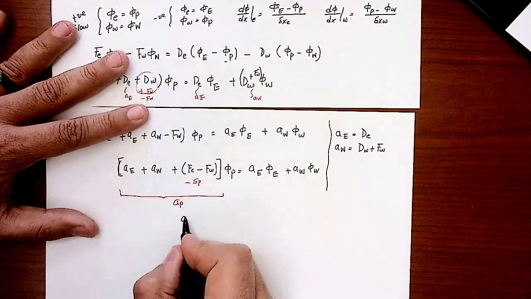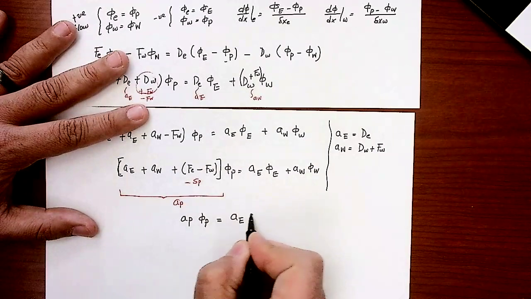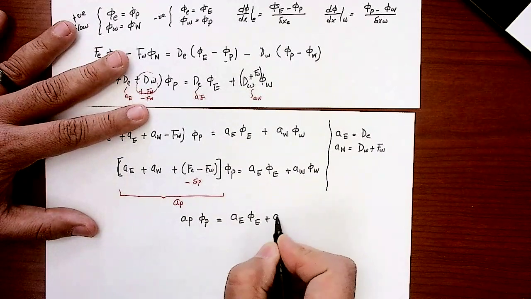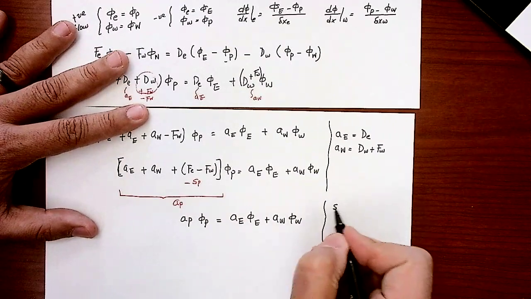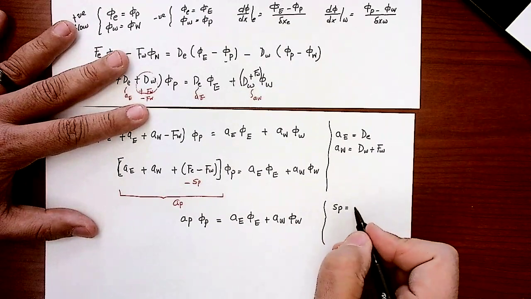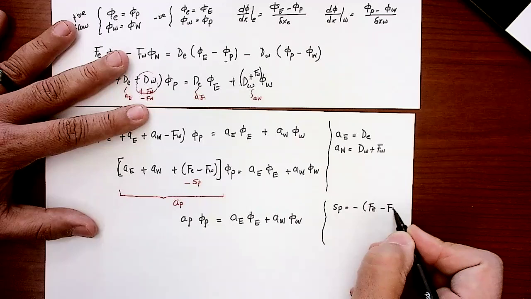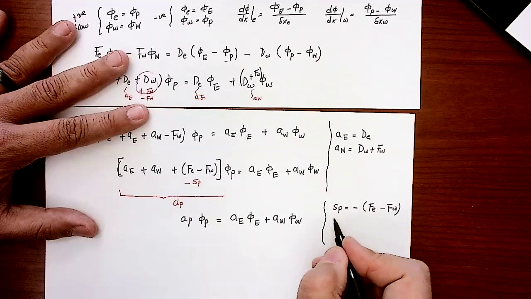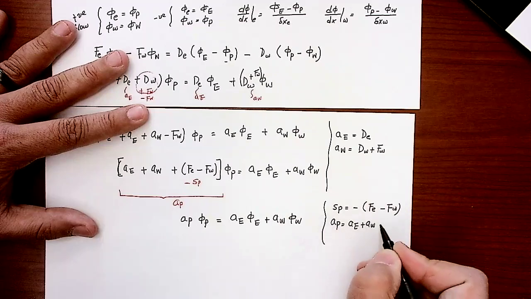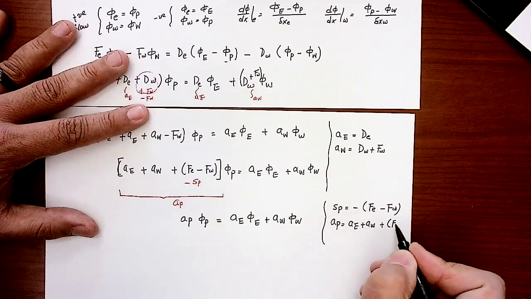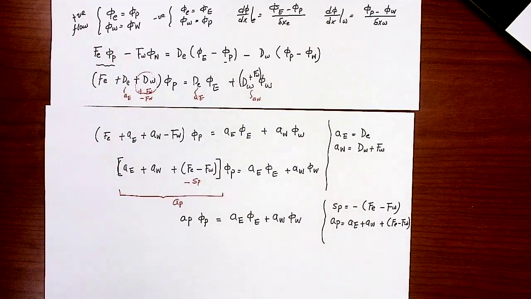So I can write the equation as AP phi P is equal to A east phi east plus A west phi west. Let's continue the definition of the terms. SP is equal to minus F east minus F west, right? And AP is equal to A east plus A west plus F east minus F west. That's the definition of these terms here.